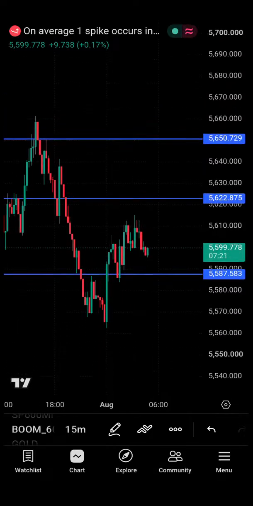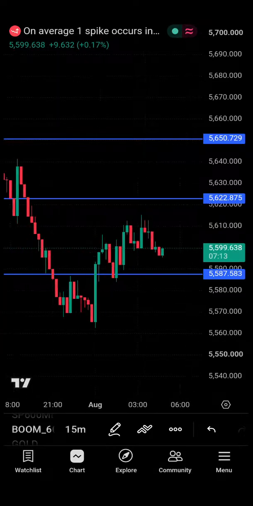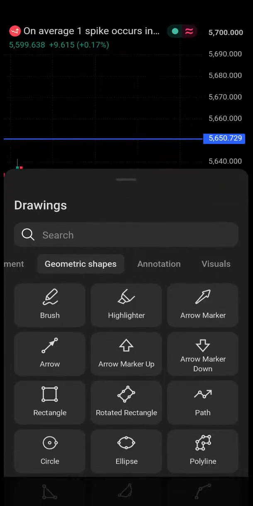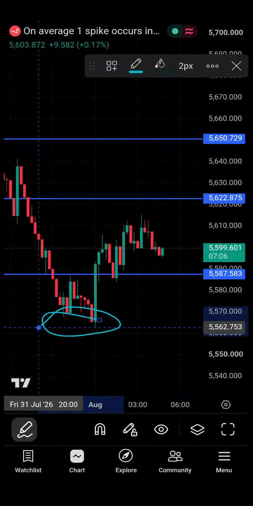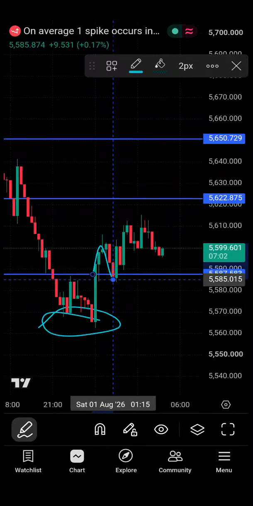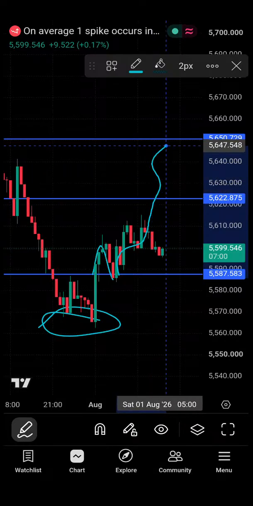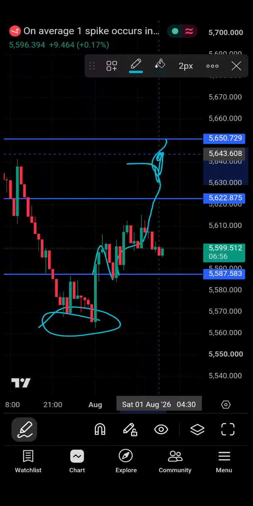Now on the 15-minute time frame, there is nothing much that we can say rather than this double bottom. Break, retest, then we're expecting the market to push towards this area.